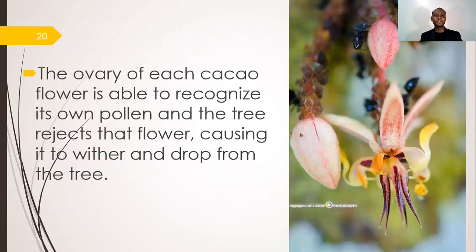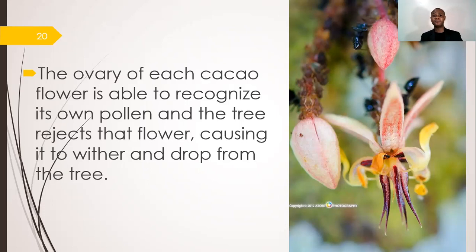The ovary of each cacao flower is able to recognize its own pollen, and the tree rejects that flower, causing it to wither and drop from the tree.